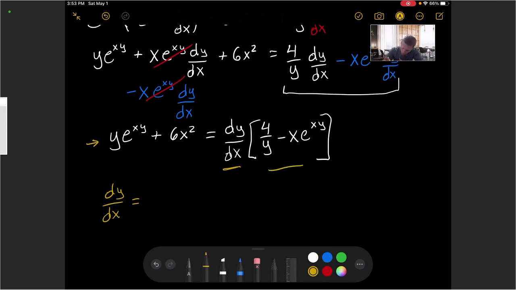So we'll have y e to the xy plus 6x squared divided by 4 over y minus x e to the xy. And this will be our final derivative with respect to x.